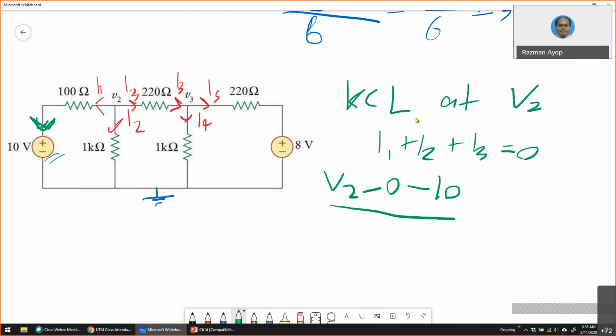So divide by 100 ohm. Then plus for I2 is V2 minus 0 because it goes to the ground. So V2 minus 0 divided by 1000 ohm. Be careful with the unit. 1 kilo ohm is 1000 ohm.